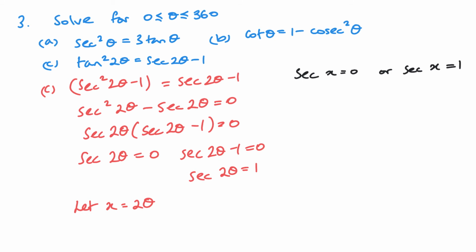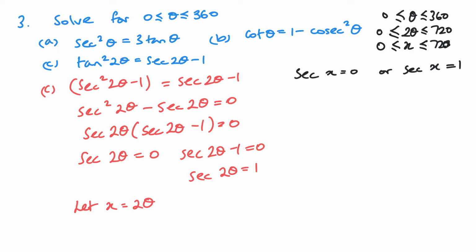But I also need to deal with my range. So if we think about it, at the moment we've got theta is between 0 and 360. So 2 theta is between 0 and 720. So my range of x is between 0 and 720.